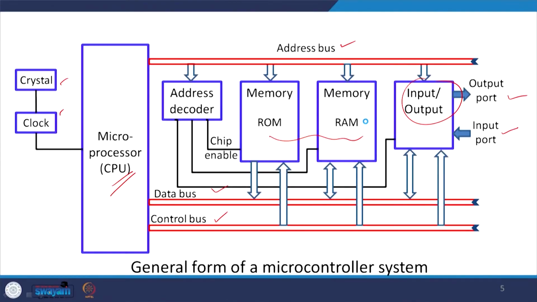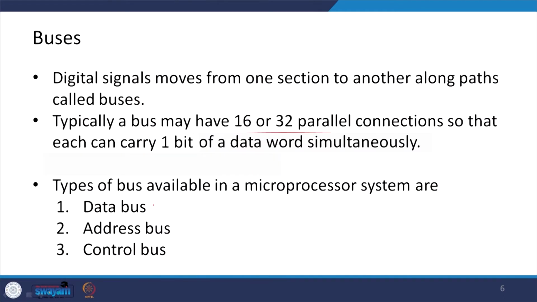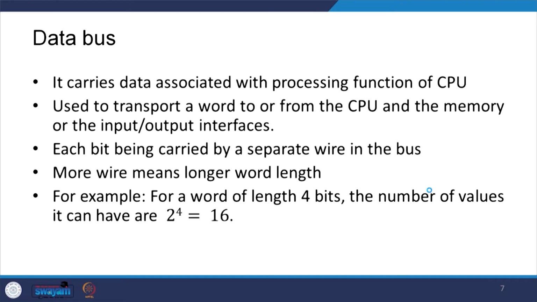The types of bus, as we have seen here, are the data bus, address bus and control bus. These are the types of bus available in a microprocessor system. Let us look at what these buses do.